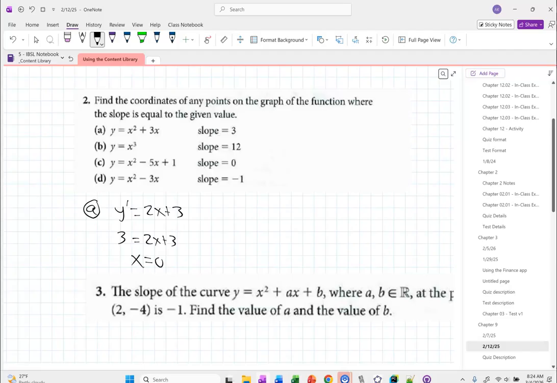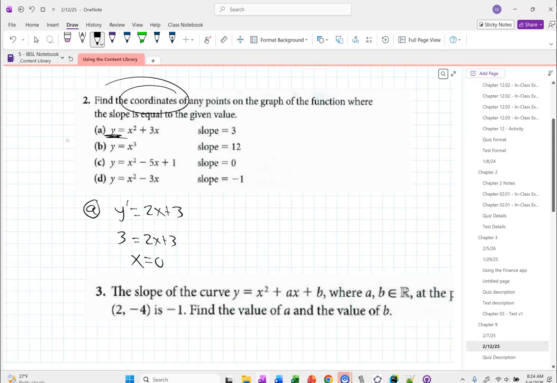So I get one answer, x equals 0. Am I done? No, what does it ask for? It asks for coordinates. I have the x, I need to find the y now. Where do I get the y coordinate from? I have an equation that starts y equals, right?